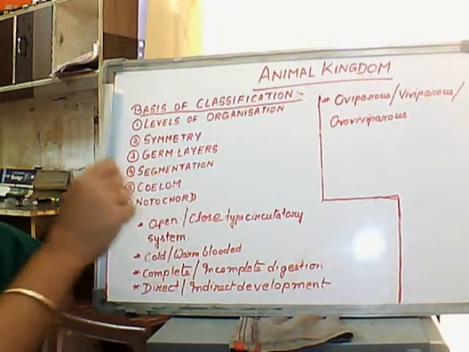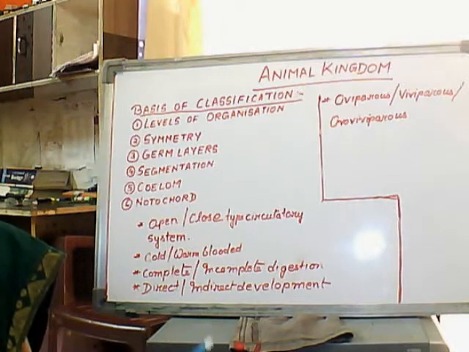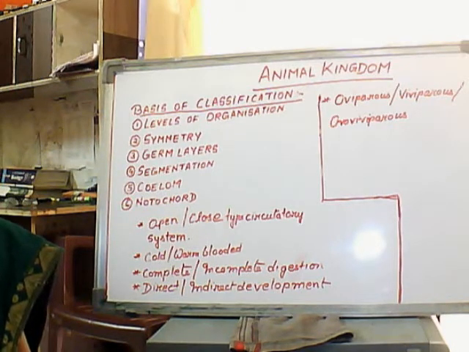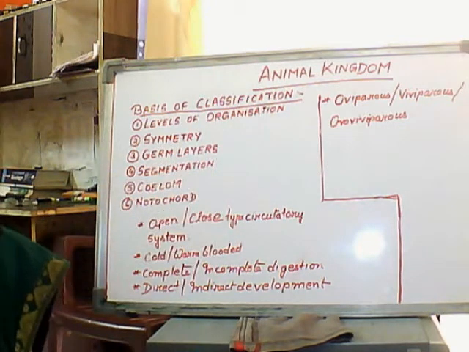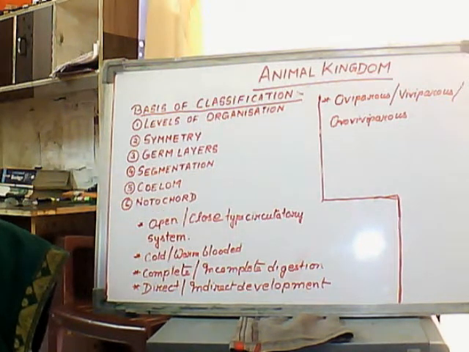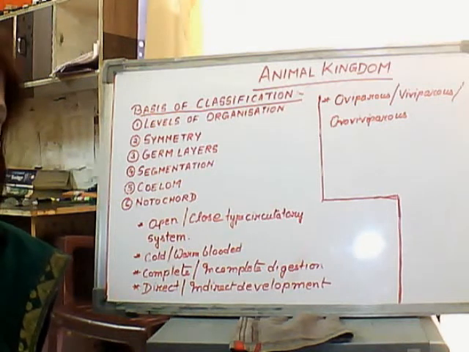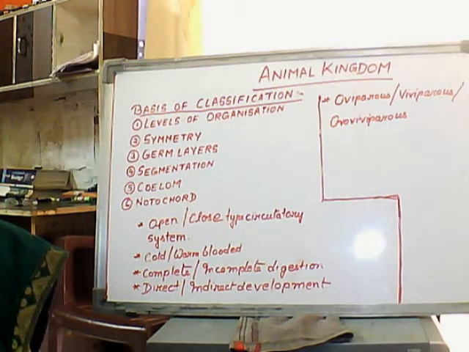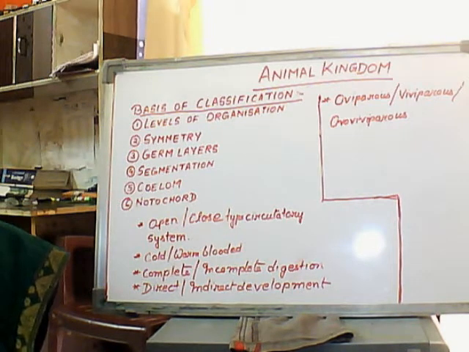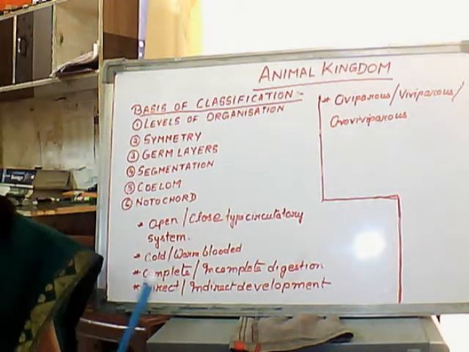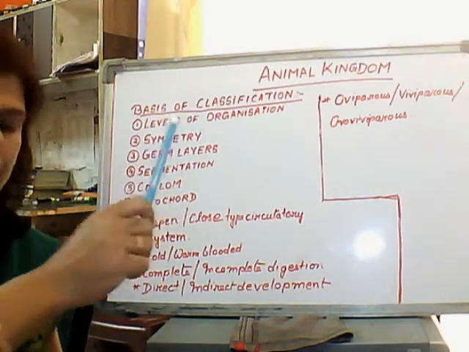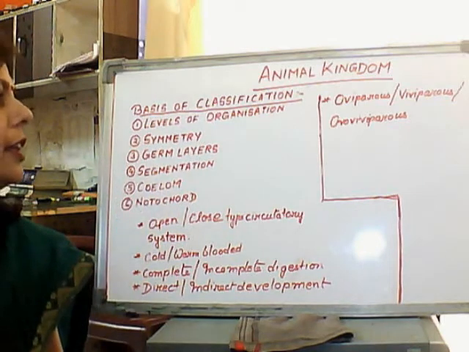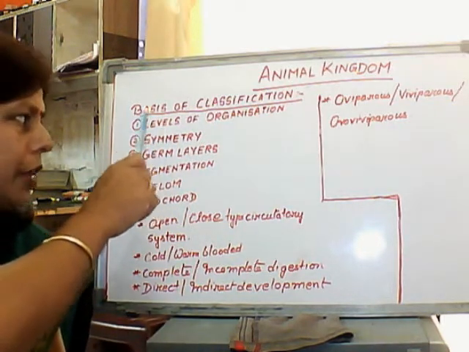That means the whole animal kingdom, whatever individuals were included under this particular group, were not all of the same type. Some had only one cell, some have more than one cell. So accordingly, first they were classified as unicellular or multicellular. Then the multicellular organisms are further divided into various levels.